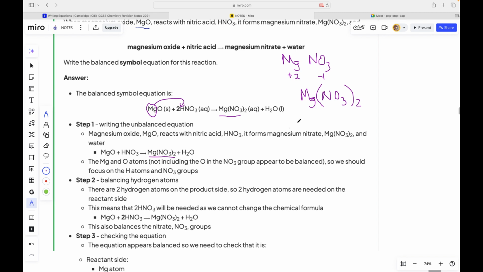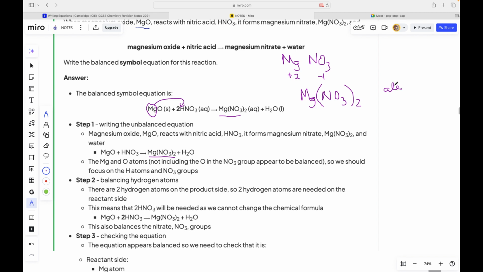It's very easy, okay? So you get this name, magnesium nitrate. Why is it magnesium nitrate? Why is it not magnesium nitrogen oxygen? Because when you have three elements combined, a metal and two non-metals, with oxygen among them, the name has to end with ATE.